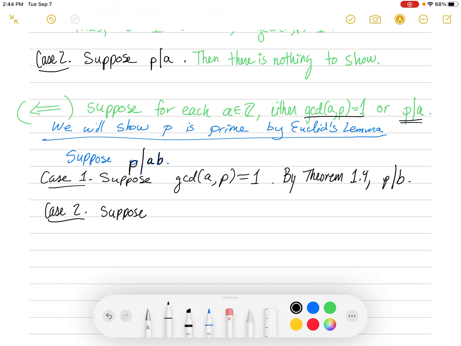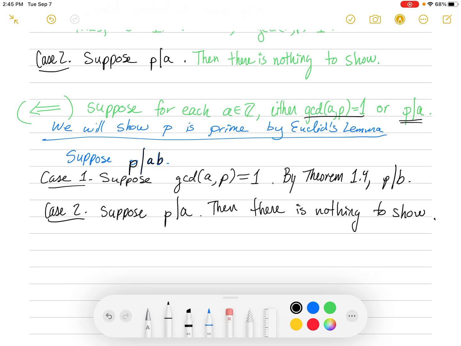So we'll do case 2. Suppose P divides A. That would be this right here. Well, there's nothing to show. So what do we have?